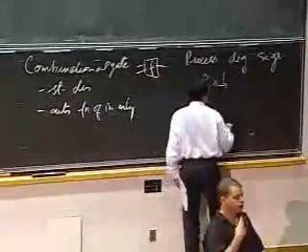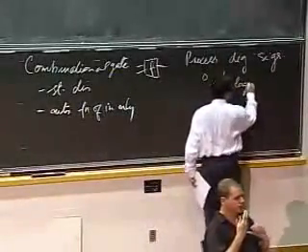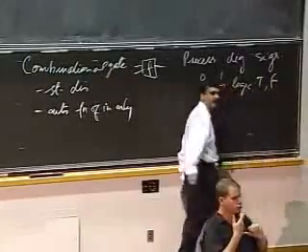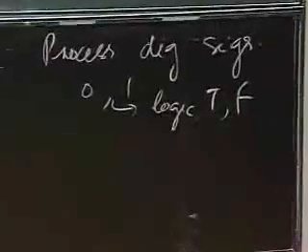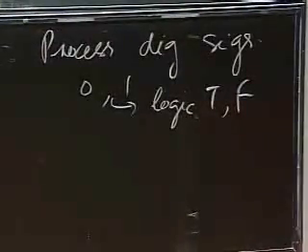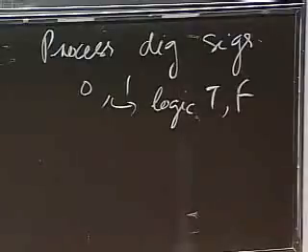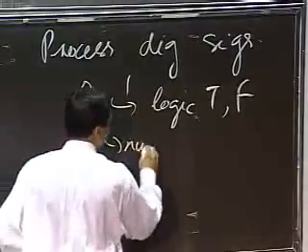So 0, 1, map completely natural to the logic true and false. Okay, so I can borrow from logic and use true and falses to do my processing of signals. Okay, so if all I care about is processing logic values, zeros and ones, trues and falses, then that's all I need. I can also use numbers.